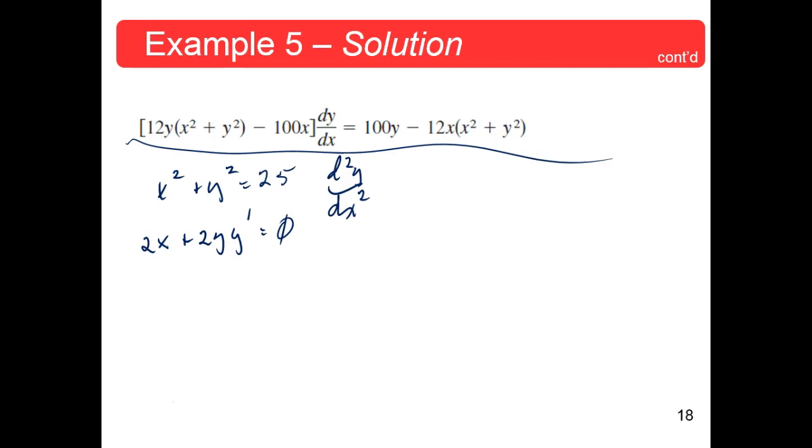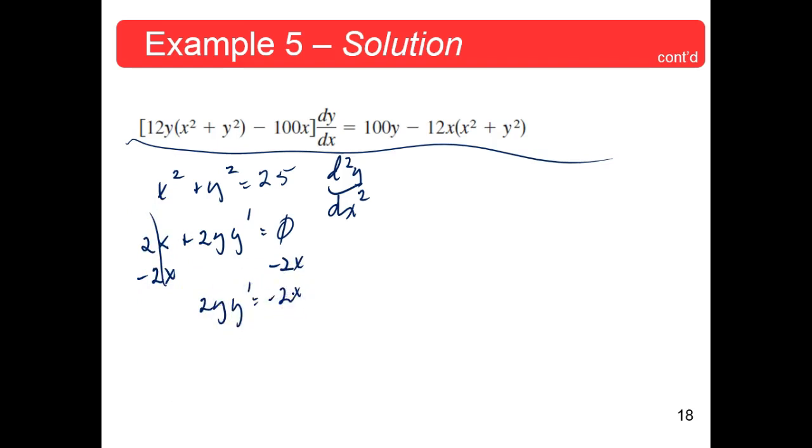Okay, let's first deal with this one. Next thing you would do, in some order? Yes, subtract 2x. I'm sorry, my hearing's so bad. Subtract 2x from both sides. Okay, that gives us 2y, y prime is equal to minus 2x.